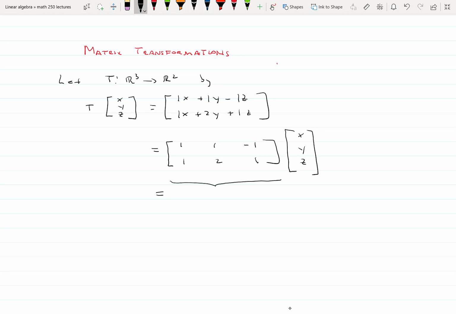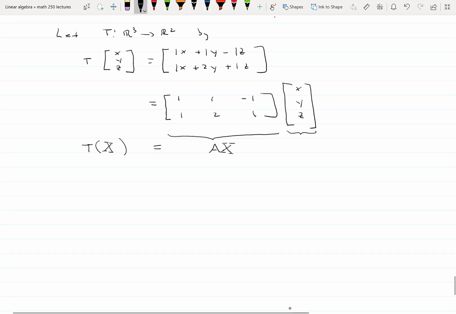I can rewrite this as A, and I could write the column vector as capital X. So I'm looking at T of capital X equals A capital X. T of capital X equals AX is called a matrix transformation.